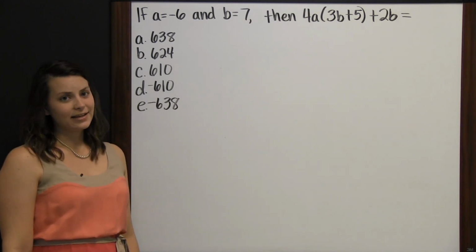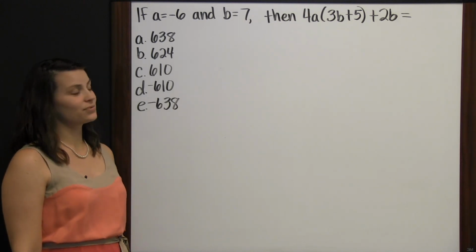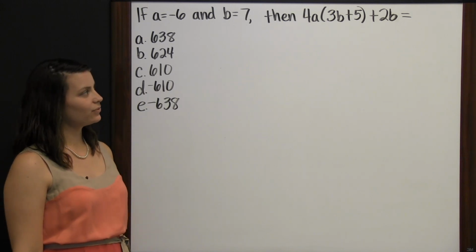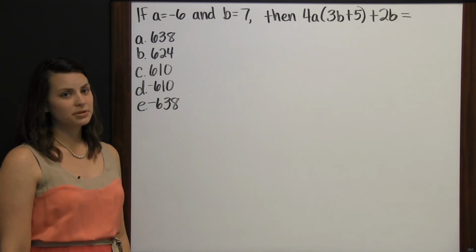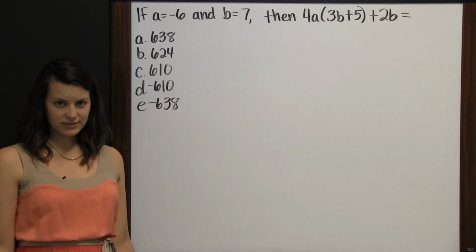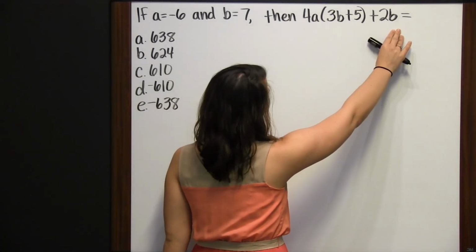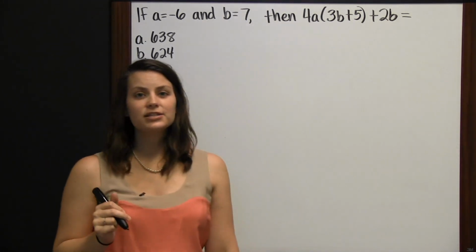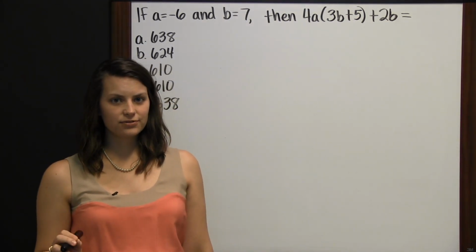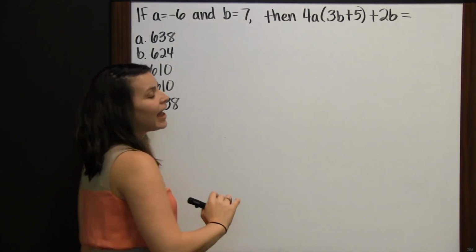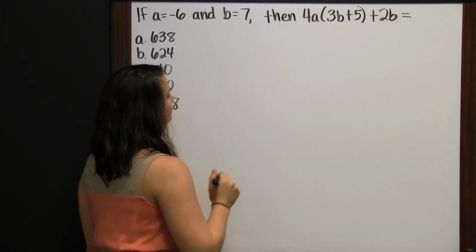If A equals -6 and B equals 7, then 4A times the quantity 3B plus 5 plus 2B equals, if we want to find the value of this expression, then the first thing we need to do is substitute -6 and 7 for A and B respectively.